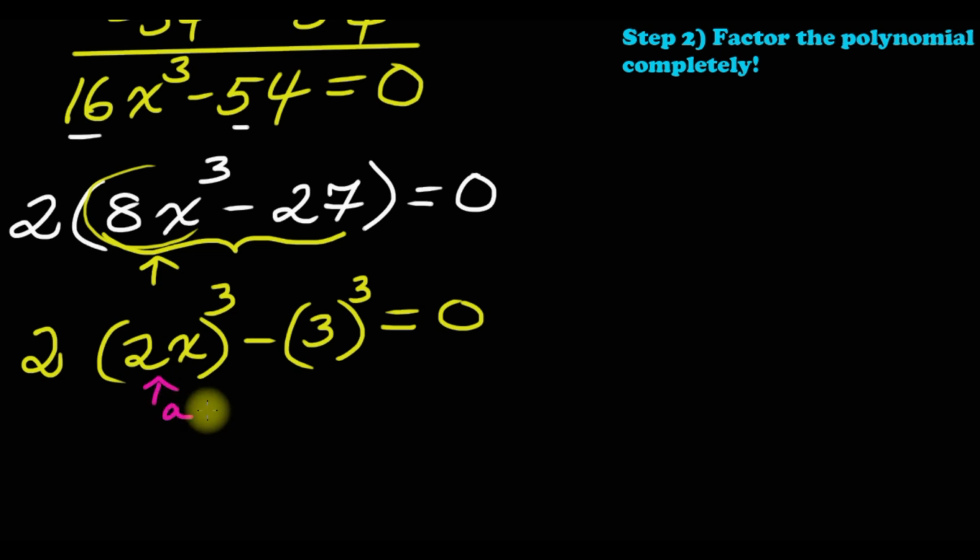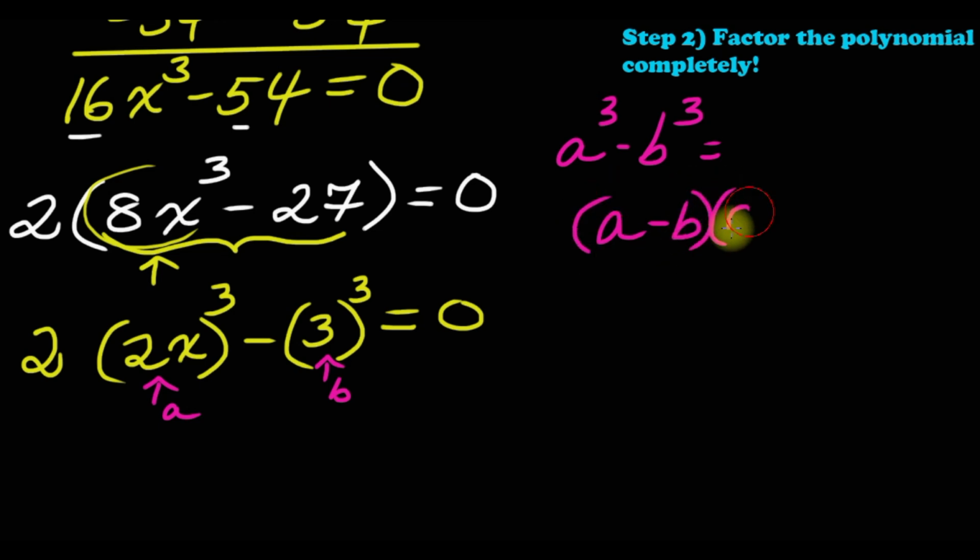Letting 2x become an a, and then the 3 is the b. So I'm just going to plug those into the factor form of a cubed minus b cubed. So the factor form of this is going to be a minus b, and then a squared plus ab plus b squared. So here we have 2.